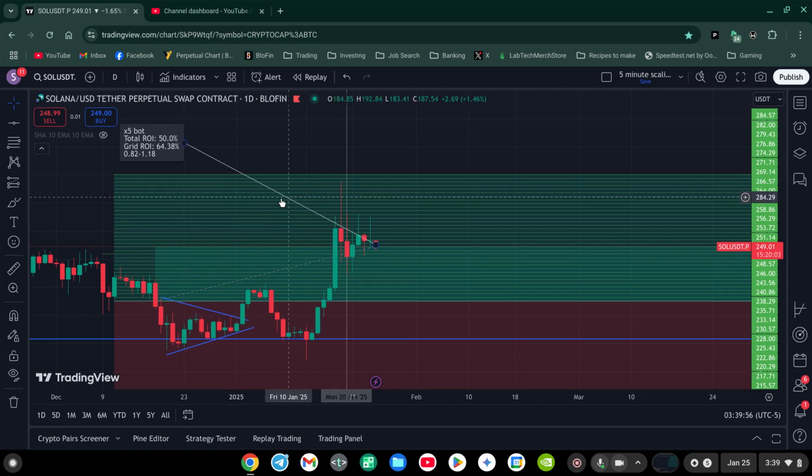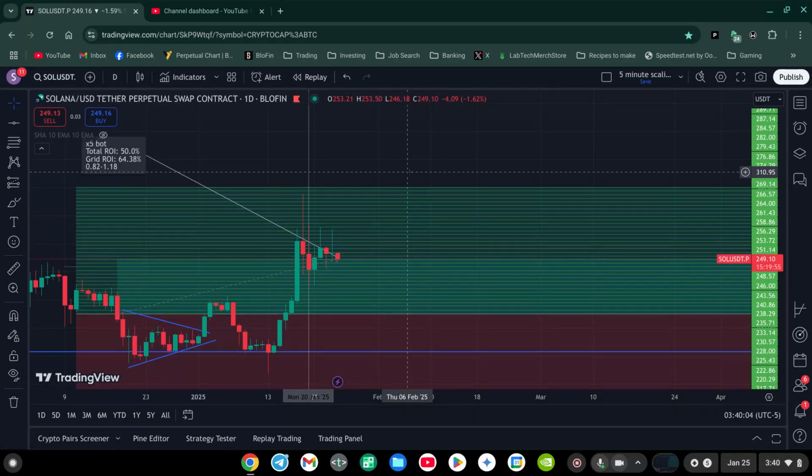You want these bots to explore the entire grid as much as possible when you're trading this way, and so that's wonderful.